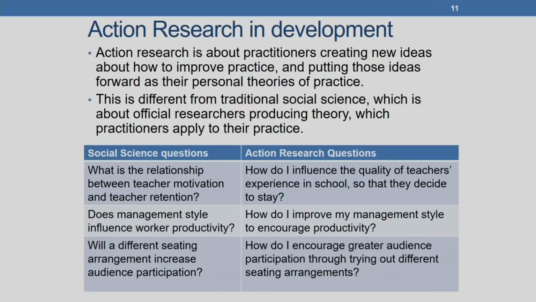Similarly, a social science question would be, does management style influence worker productivity, which can be studied through a qualitative or a quantitative approach, whereas the action research question would be, how do I improve my management style to encourage productivity? Similarly, will a different seating arrangement increase audience participation? The action research question will be, how do I encourage greater audience participation through trying out different seating arrangements? Note the framing of the research questions as: how do I influence the quality, how do I improve my management style, and how do I encourage greater audience participation.